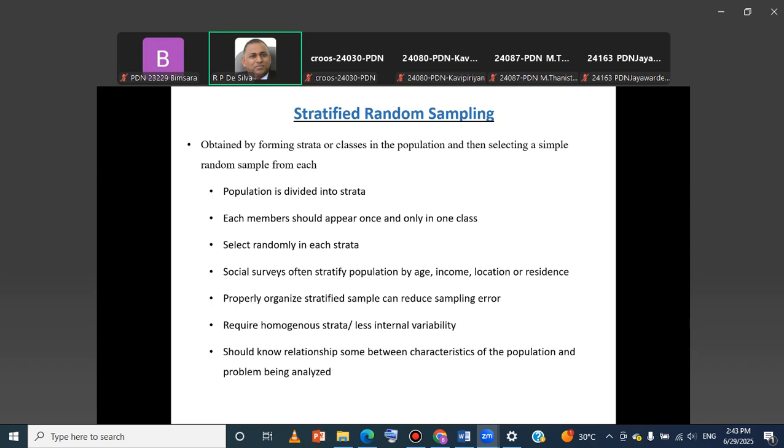So stratification, how do you identify a strata? That starts there. So first of all, when we want to do stratified random sampling, first stage is what is the basis for stratification? Now, once you identify the basis for stratification, then you can identify the strata and then go for random sampling.